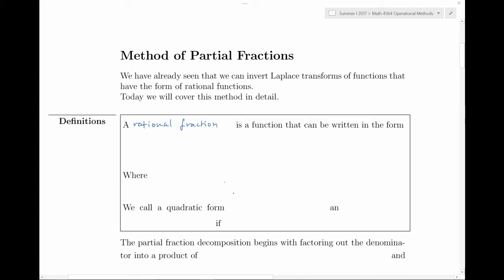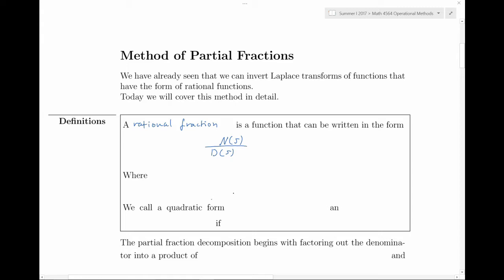a function that can be written as a polynomial on the top, which I'm going to call n of s for the numerator, and a polynomial in the bottom for the denominator. Everything is in terms of s because we're talking about Laplace transforms here.